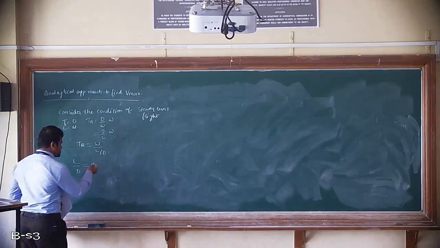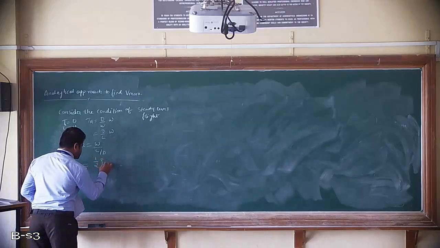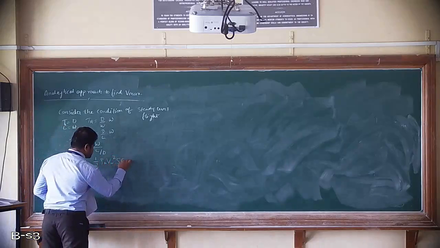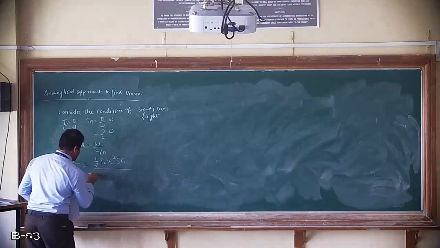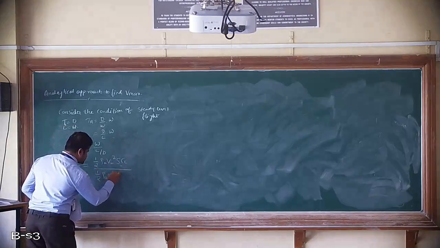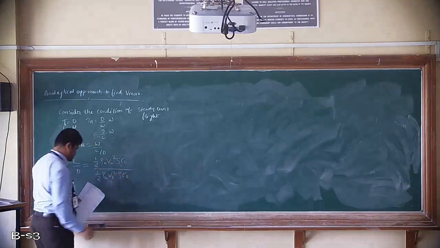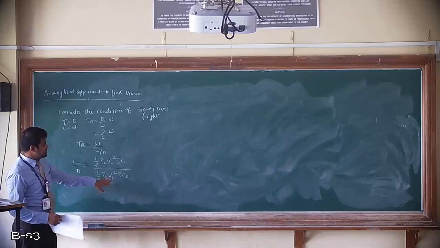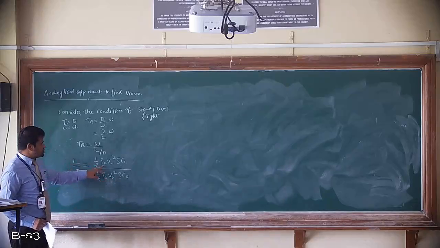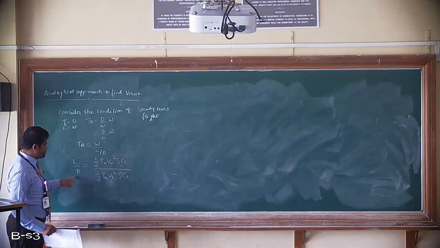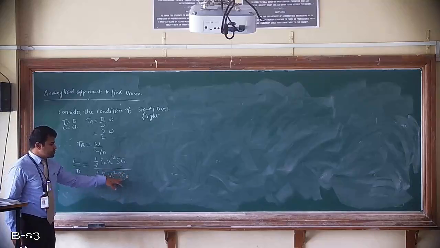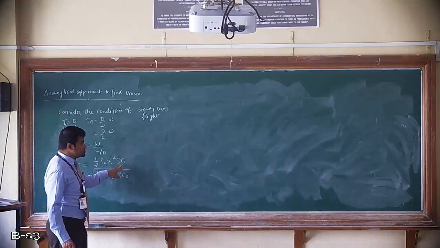So L can be written as half rho infinity V infinity square S CL, divided by D, which can be written as half rho infinity V infinity square S CD. The expression for lift is half rho infinity V infinity square S CL, and for drag half rho infinity V infinity square S CD. This is the coefficient of drag and this is the coefficient of lift.